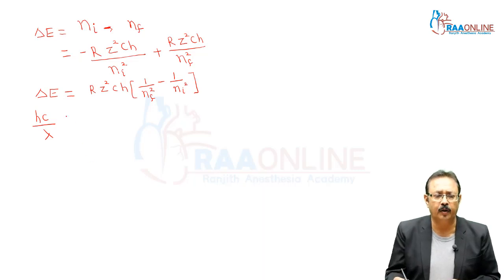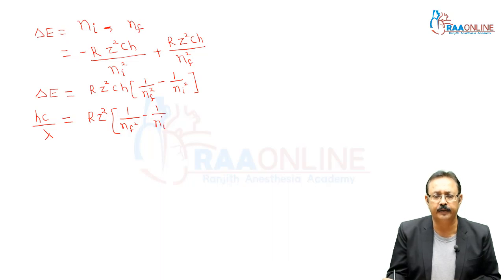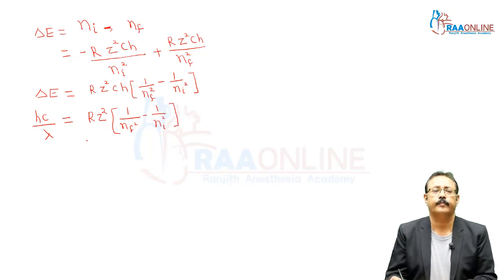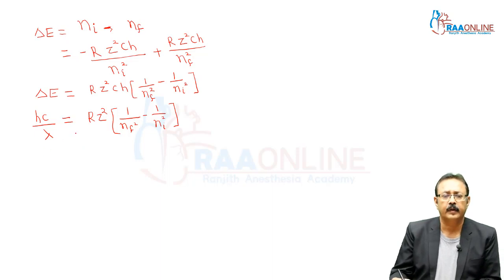So now Hc by lambda is equal to R Z square into 1 upon Nf square minus 1 upon Ni square, and this CH was also there.